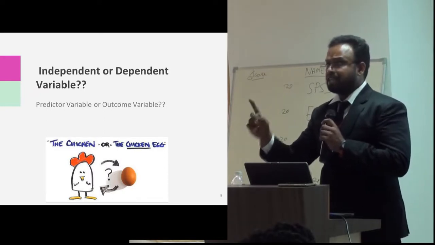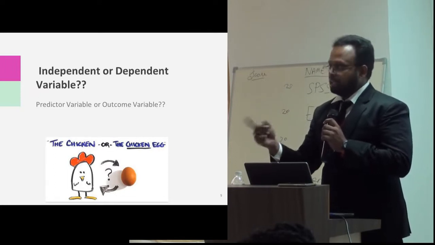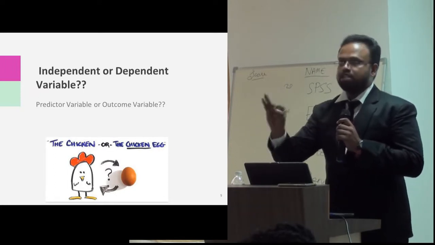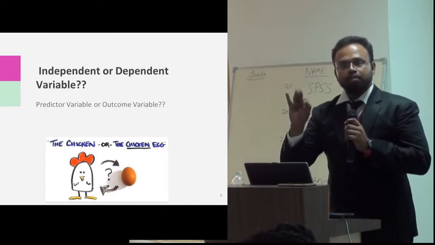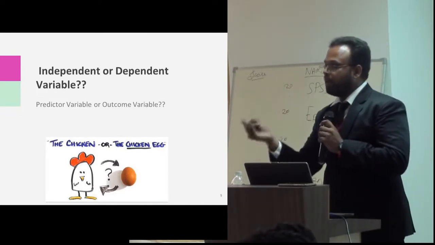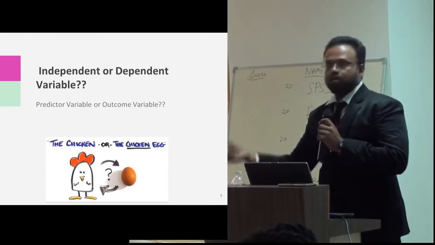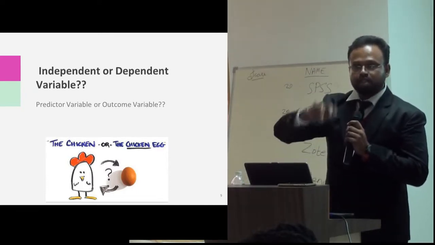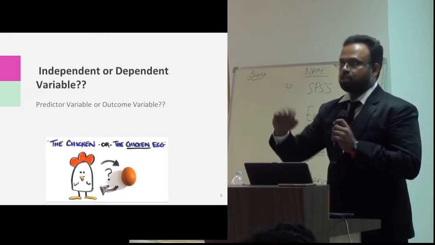If suppose I study sleep in the same study, sleep, stress and year of study, for sleep and stress the independent variable and dependent variable may interchange. Because of sleep, stress may change. Because of stress, sleep may change. These things will happen.